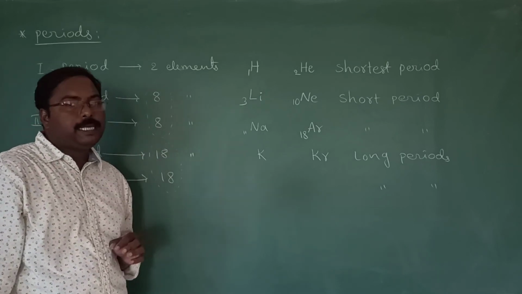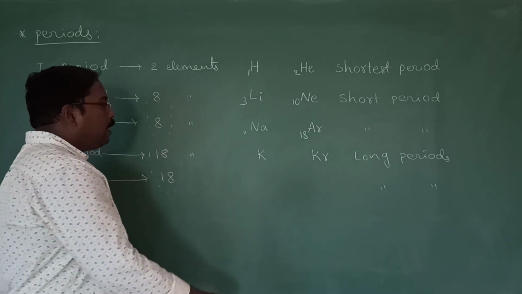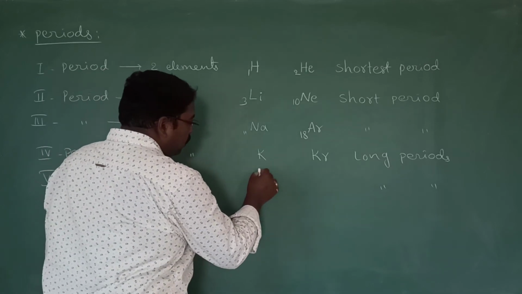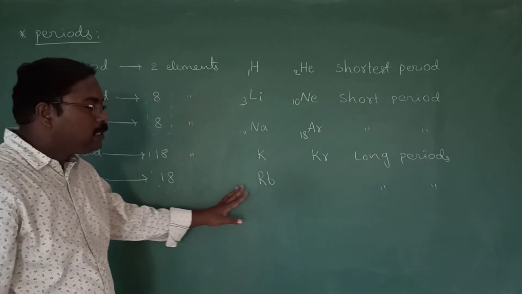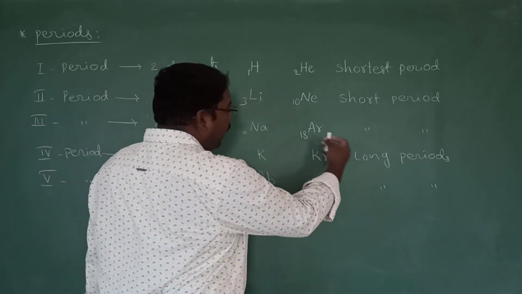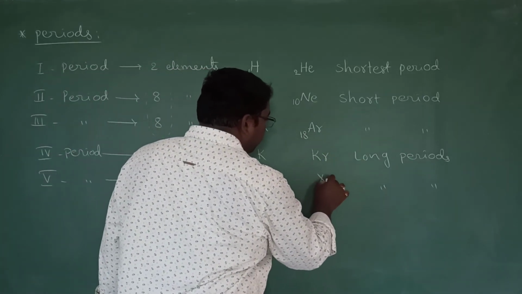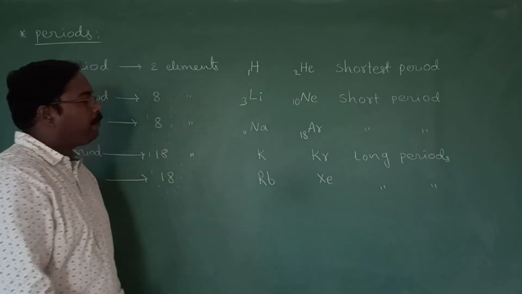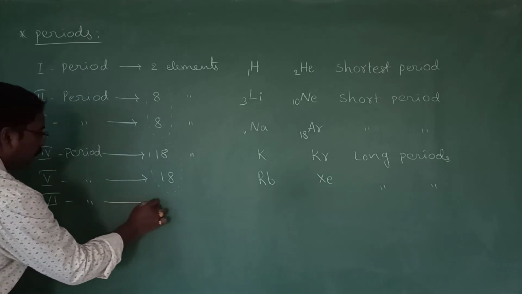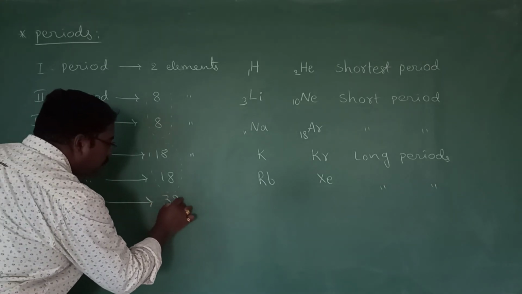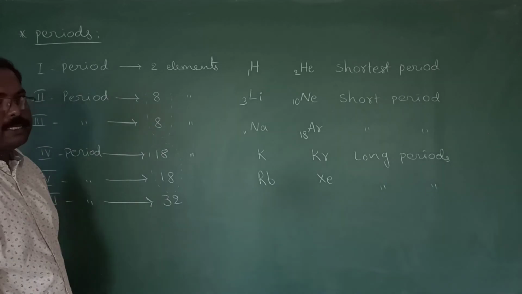Fourth and fifth periods are known as long periods. The fifth period starts with rubidium and ends with xenon.